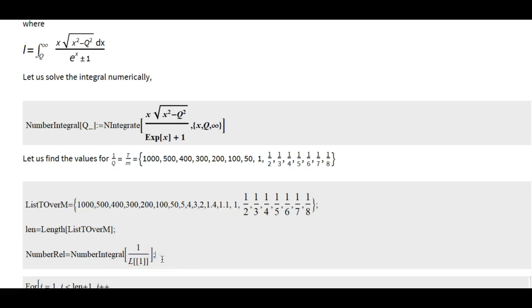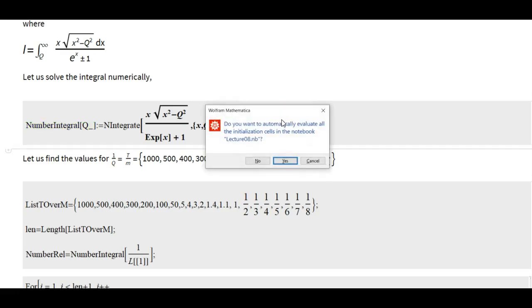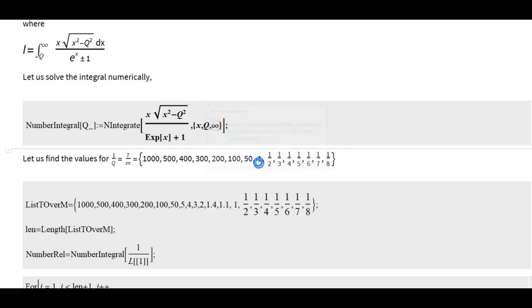So I call it number relativistic, and I evaluate this. Let's start from here. Okay, so this function is evaluated. Now I evaluate this block.